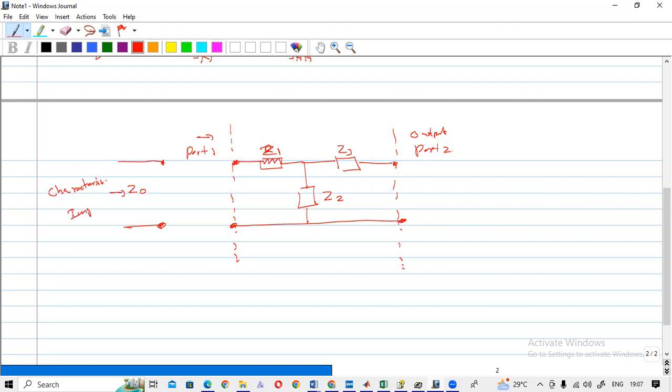Because we have to consider this characteristic impedance now. Can anyone tell why we need to consider the input line characteristic impedance?